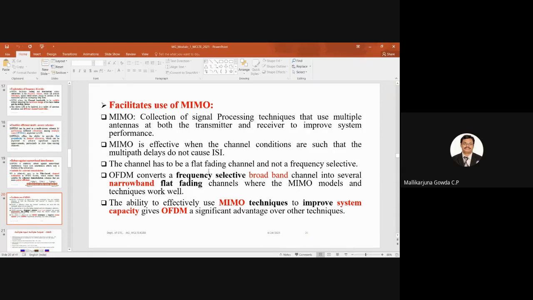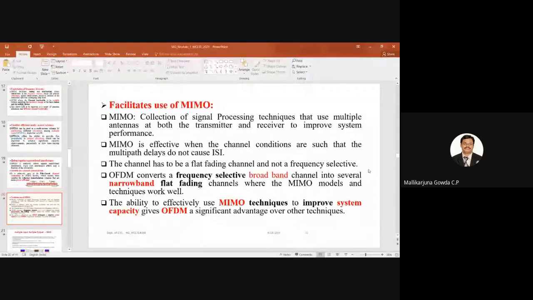OFDM converts the frequency selective broadband channel into several narrowband flat fading channels where this MIMO model will be effective. So the ability to effectively use this MIMO technique to improve the system capacity gives OFDM a significant advantage over any other techniques.